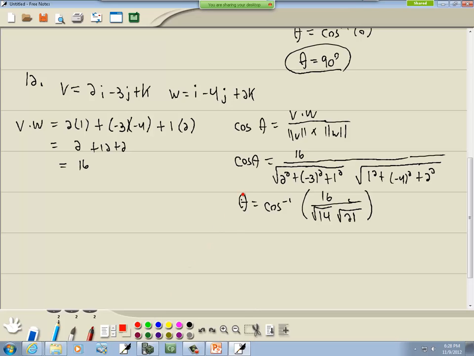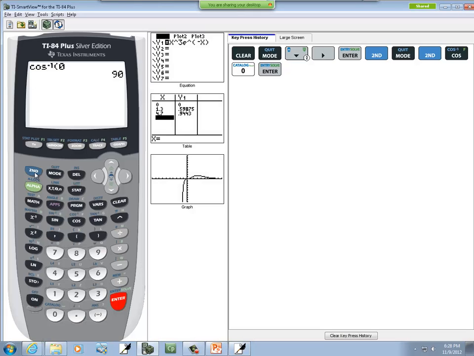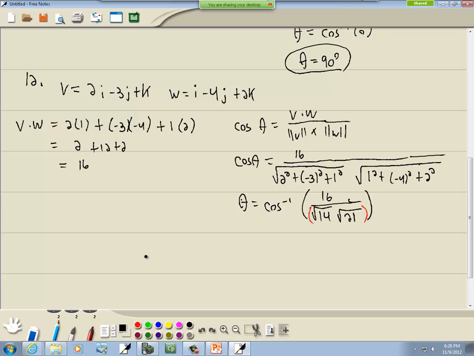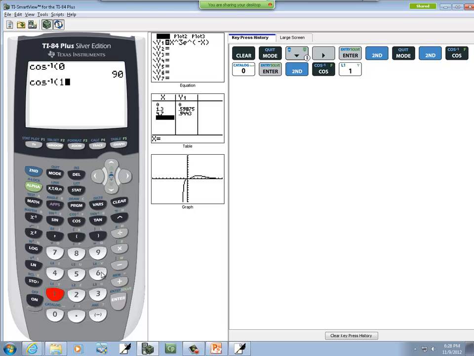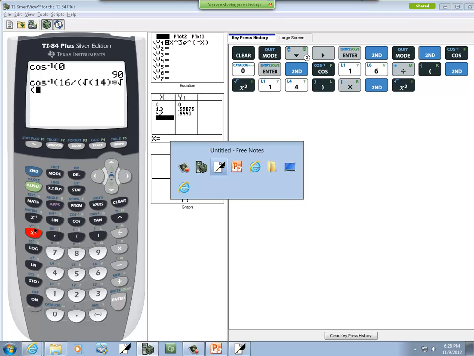Now just be careful when you plug this in. Anytime you have more than a single number or a single variable on the top or bottom of your fraction, you have to put parentheses around it. So when I plug this in, I had to put parentheses around the bottom. So let's plug this in and see what we get. Do inverse cosine of 16 divided by, we have to put parentheses around the bottom part, square root of 14, so I do second x squared, 14, closing parenthesis, times second x squared, square root of 21.